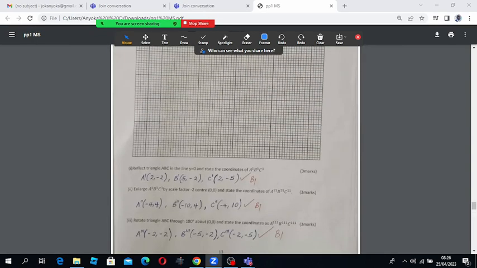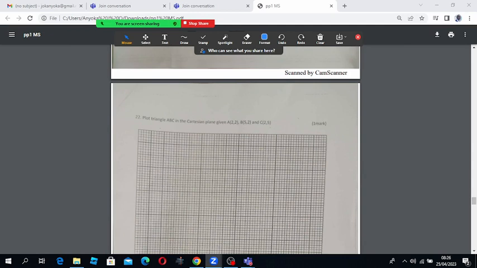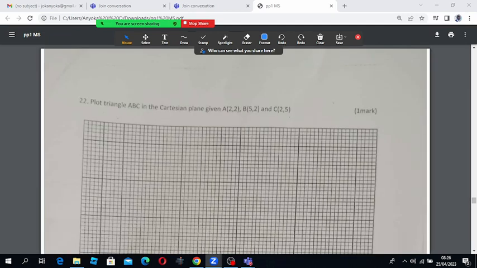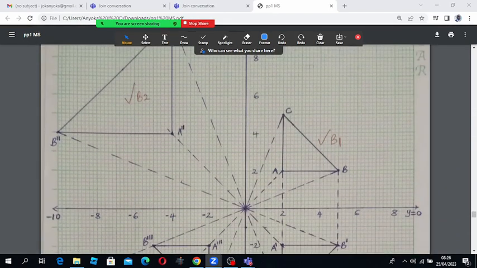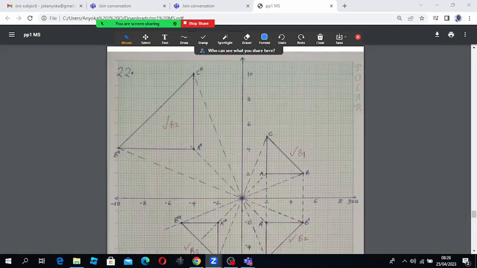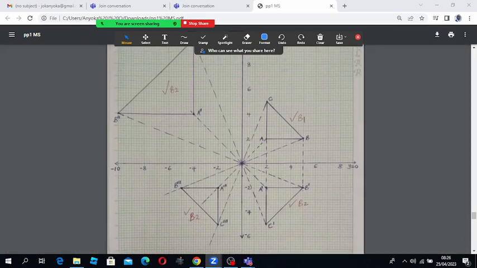Let's read the statements. We are told plot triangle ABC on the Cartesian plane given 2, 2, 5, 2 and 2, 5. You get 1 mark. That is triangle ABC.